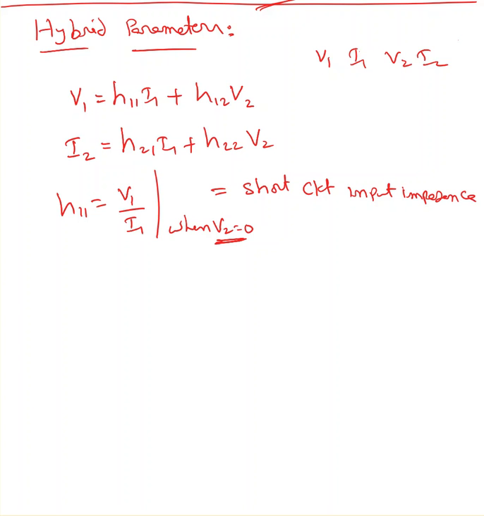By the way, this is not equivalent to z11, because if you remember, you have v1 equal to z11 i1 plus z12 i2. So z11 is v1 over i1 when i2 equals 0. This is open circuit input impedance, z11, but h11 is short circuit input impedance. So there is a difference between z11 and h11.